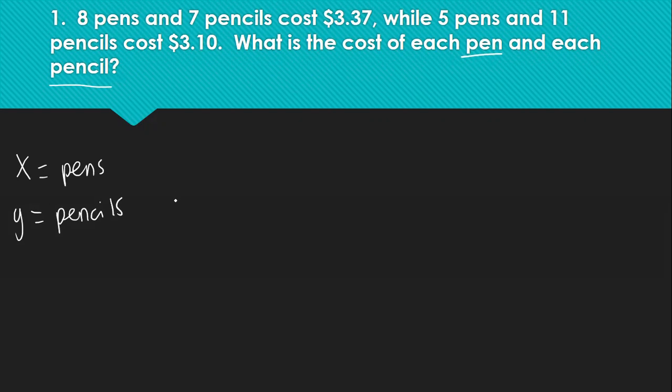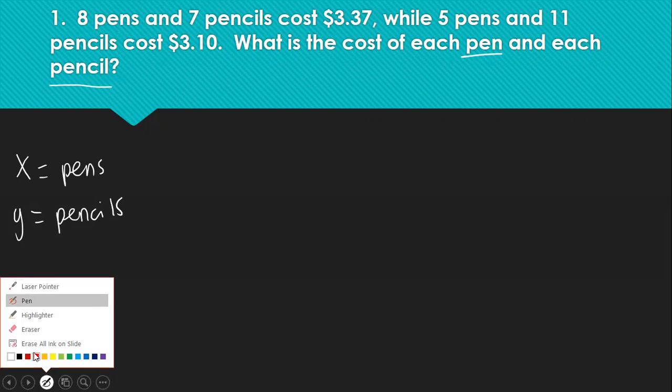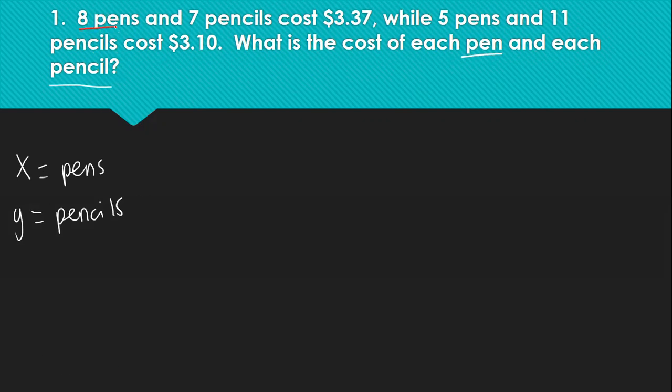The next thing I'm going to do is take the word problem and turn it into a math problem, an equation. Reading the first one, I have 8 pens and 7 pencils cost $3.37. Writing that, I have 8x plus 7y equals 3.37. How do we feel?